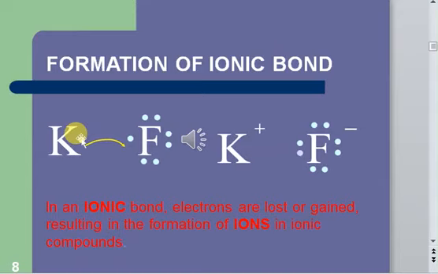So potassium easily loses that electron and forms a potassium positive ion, whereas fluorine will gain the electron which was lost by potassium. So fluorine will form a negatively charged ion because it has got the extra electron, right? This attraction between the cation and the anion results in the formation of an ionic bond.